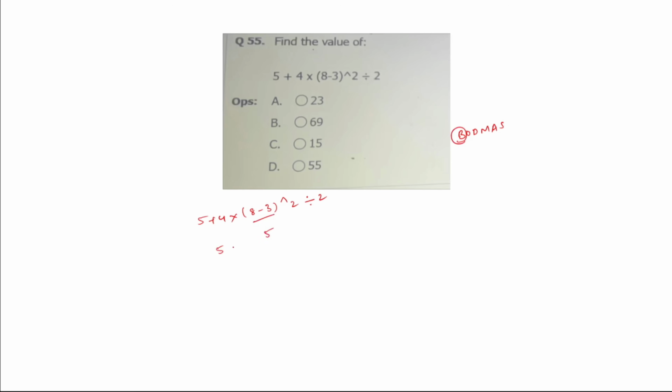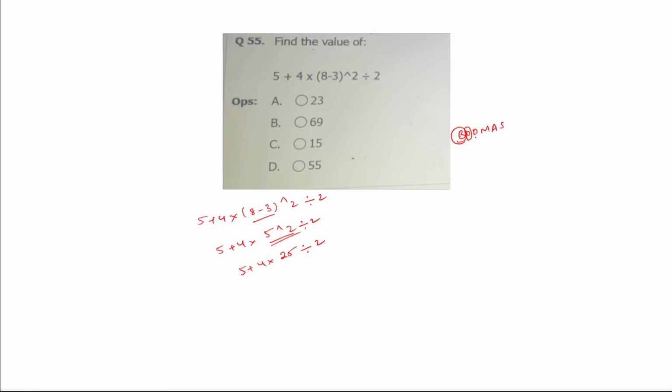So we will have 5 plus 4 into 5 power 2 divided by 2. Then O is order of power. If we have any power values, we need to solve them first. So 5 power 2 is 25. Then the equation will be 5 plus 4 into 25 divided by 2.